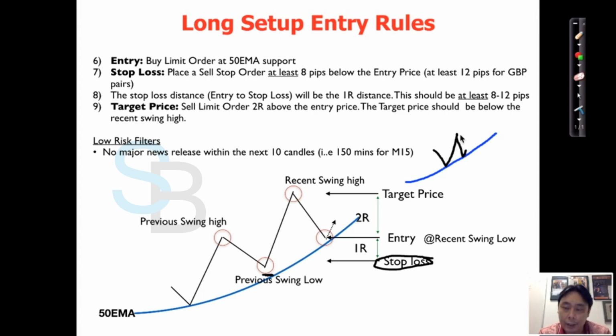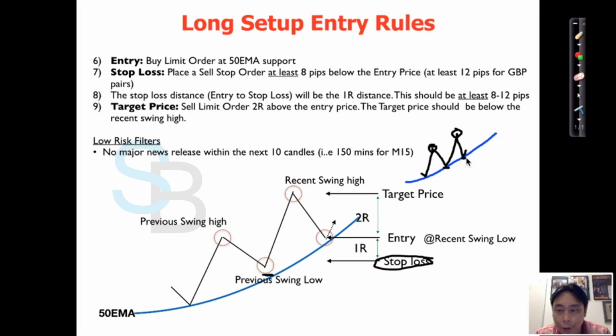So in this case, this is the recent swing high, and that's the previous swing high, right? So recent swing high must be above previous swing high, so that's okay, yeah? Next, our recent swing low must be above the previous swing low, right? Check, okay, good.